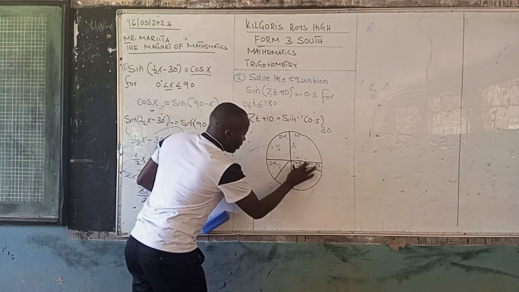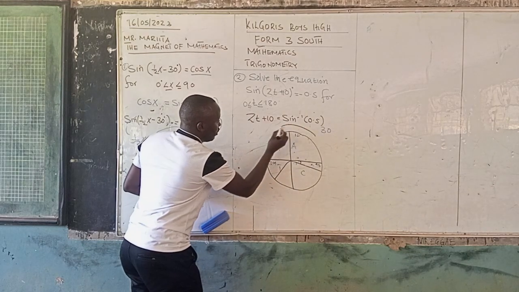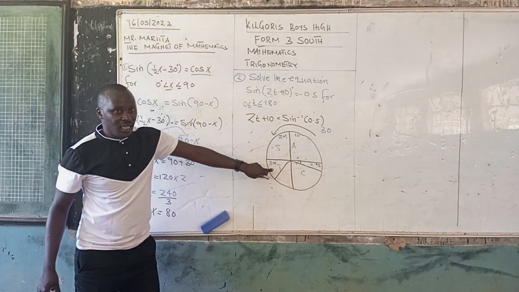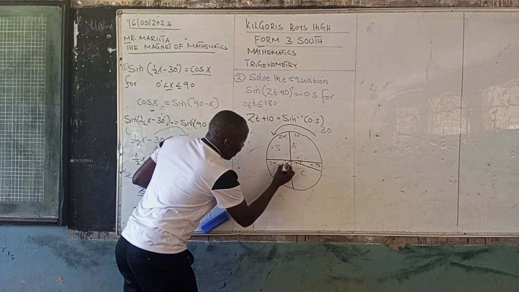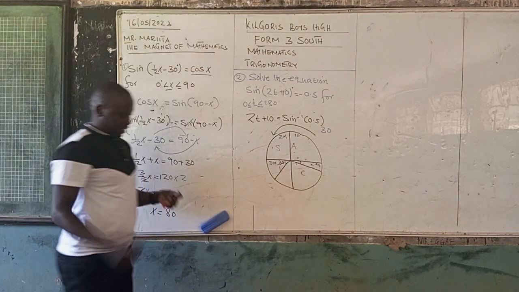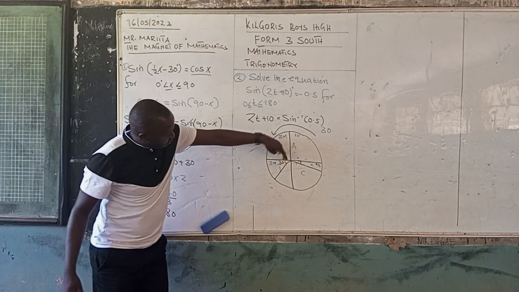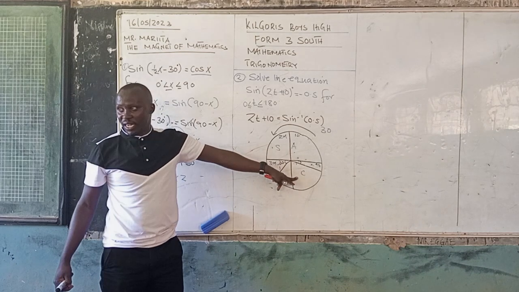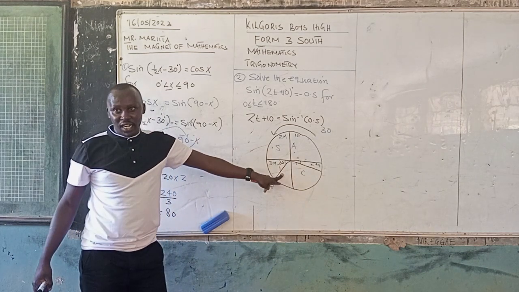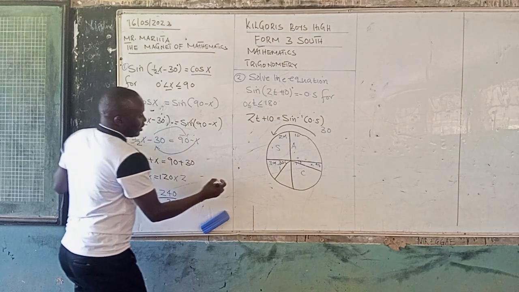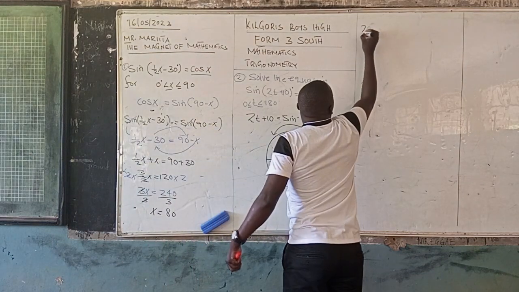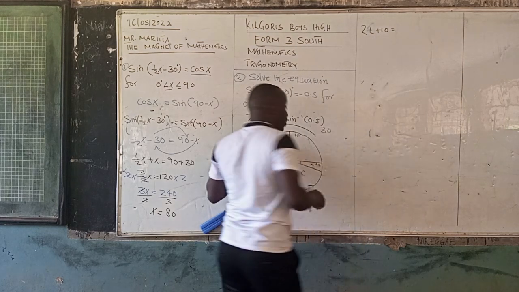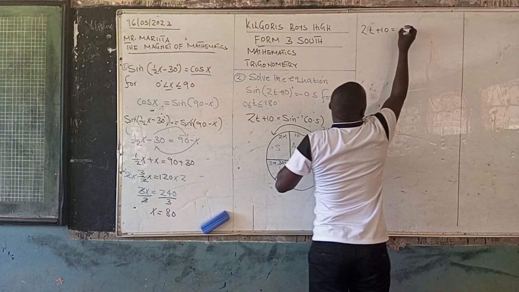Remember, we are removing like this one. So if we move like this one, we are getting the first part in the third quadrant. So here we have 30 degrees here. So the half of this one is equivalent to be 180. And so the first case you write here that 2t plus 10 is equals to, first of all, you can have 30 degrees.